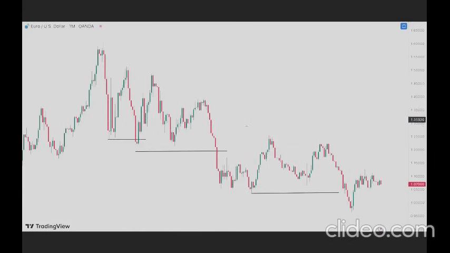So as you can see, this is a break of structure. So the market keeps on breaking this market structure as it moves down.